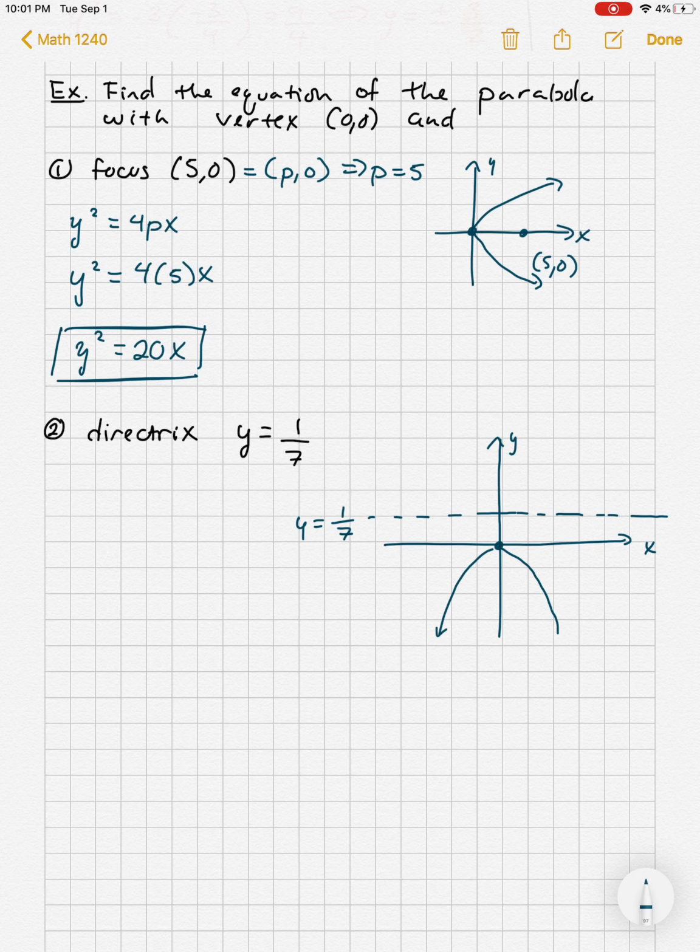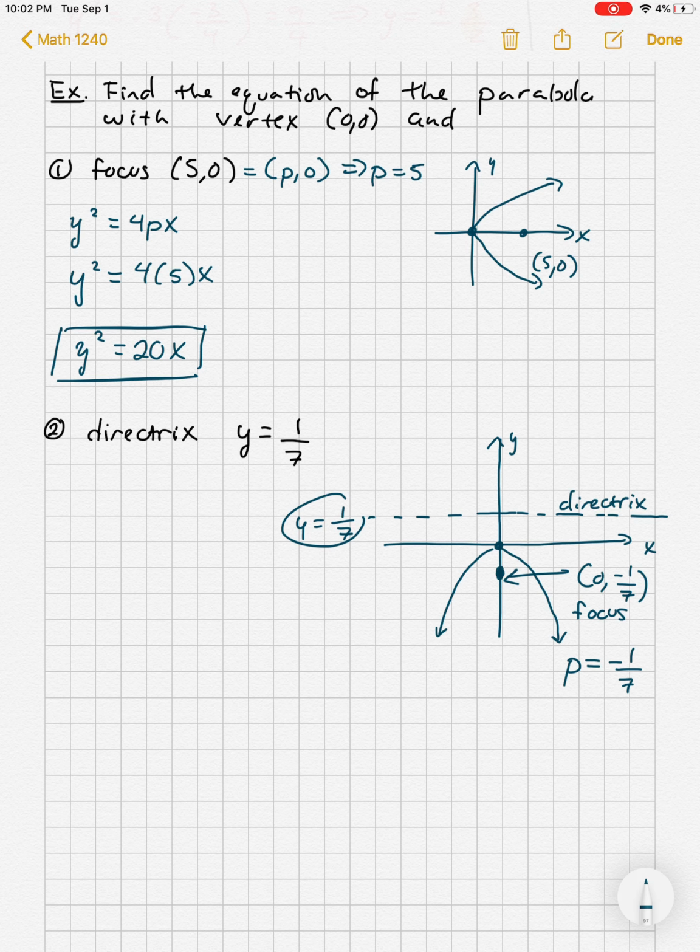Remember, it opens away from its directrix because its focus point is going to be here. If this line is at y equals 1/7, that focus point has to be at negative 1/7. So p has to be negative 1/7. The focus is opposite of that directrix.